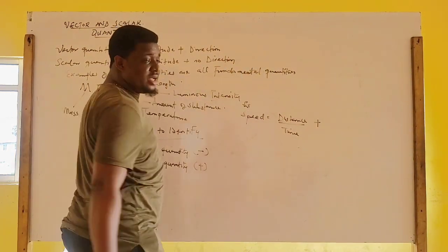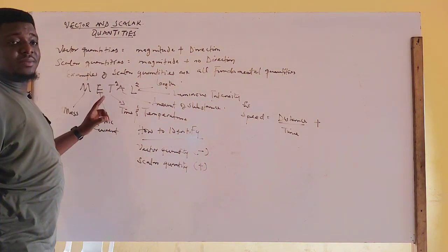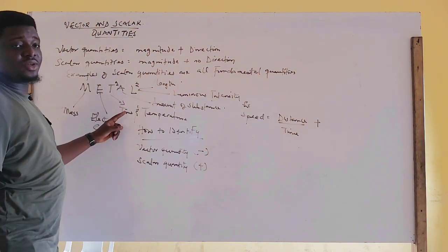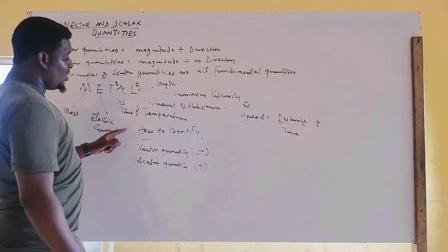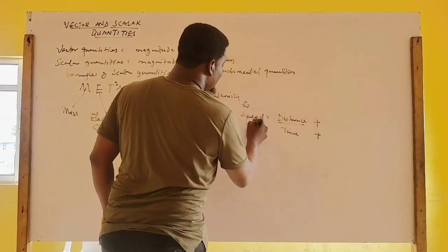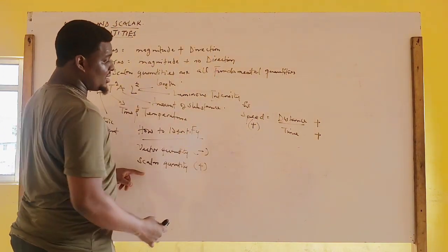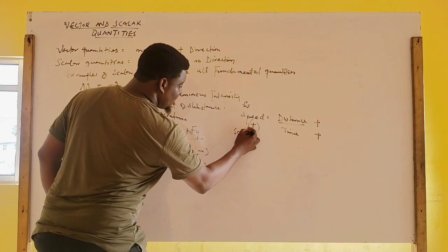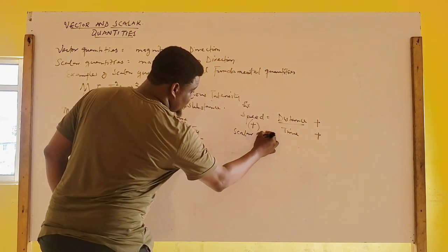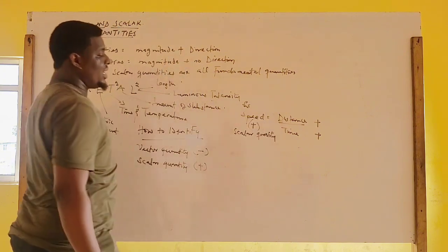And time is one of our fundamental quantities, which falls under scalar quantity. You take it as plus. Plus divided by plus is plus. So therefore, this speed here is a scalar quantity. Are you getting it now?